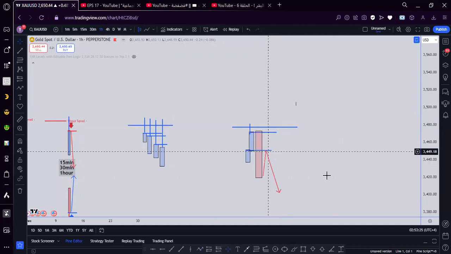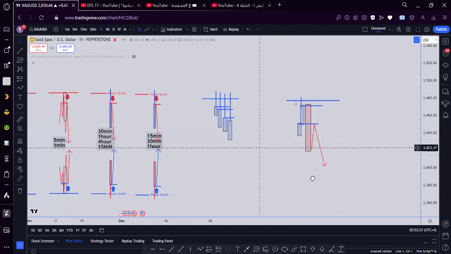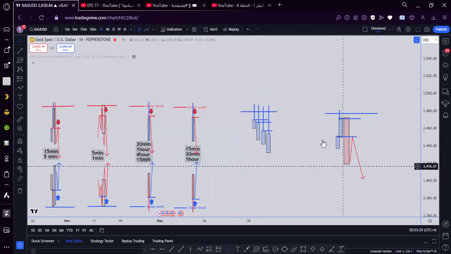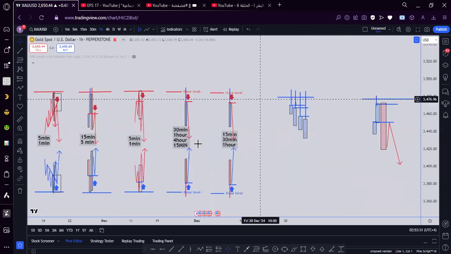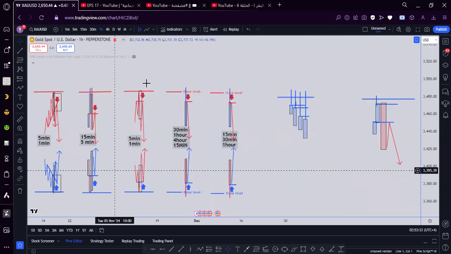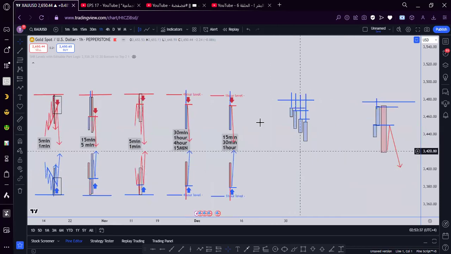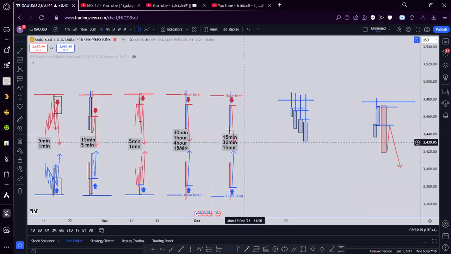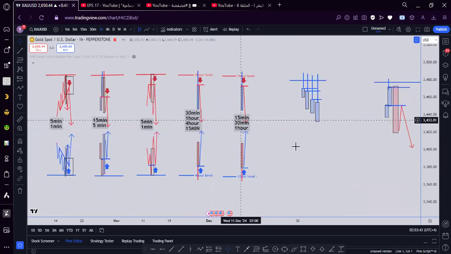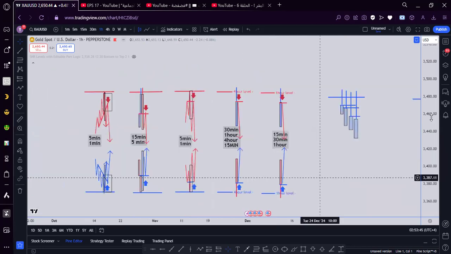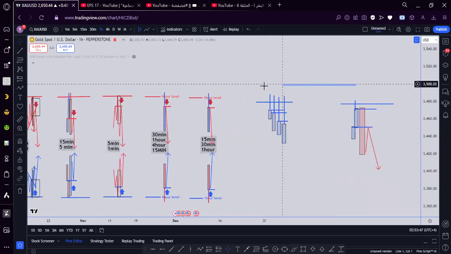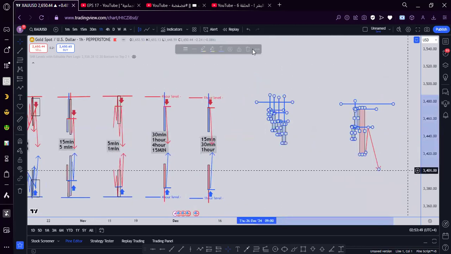Another entry. This way, you can take multiple trades by using two different types of confirmation, or using one type of confirmation with MTF, with a lot of time frames together. So this was only with the confirmations together.